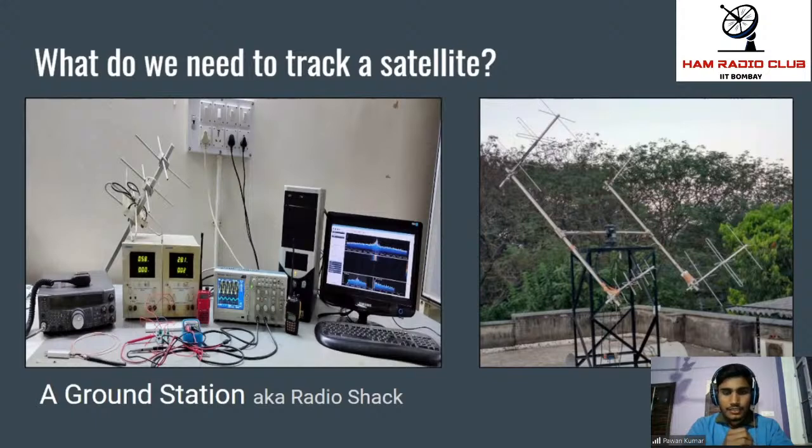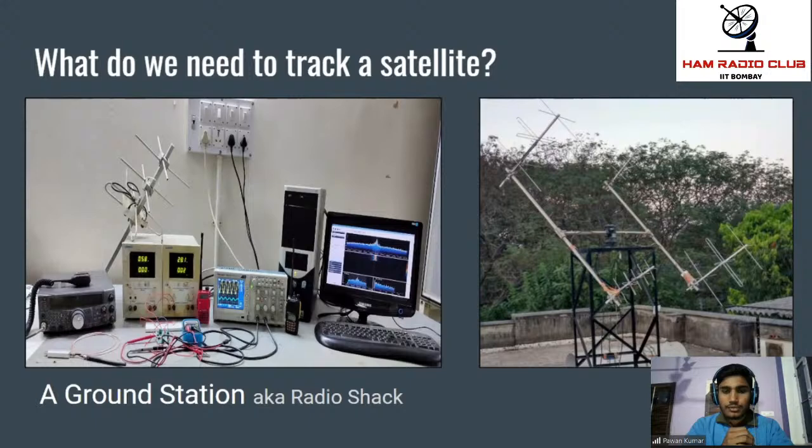Here you can see the images of the ground station we had at the time of the launch of Pratham. Pratham was the first satellite made by the SSP team at IIT Bombay, and it was launched by ISRO.